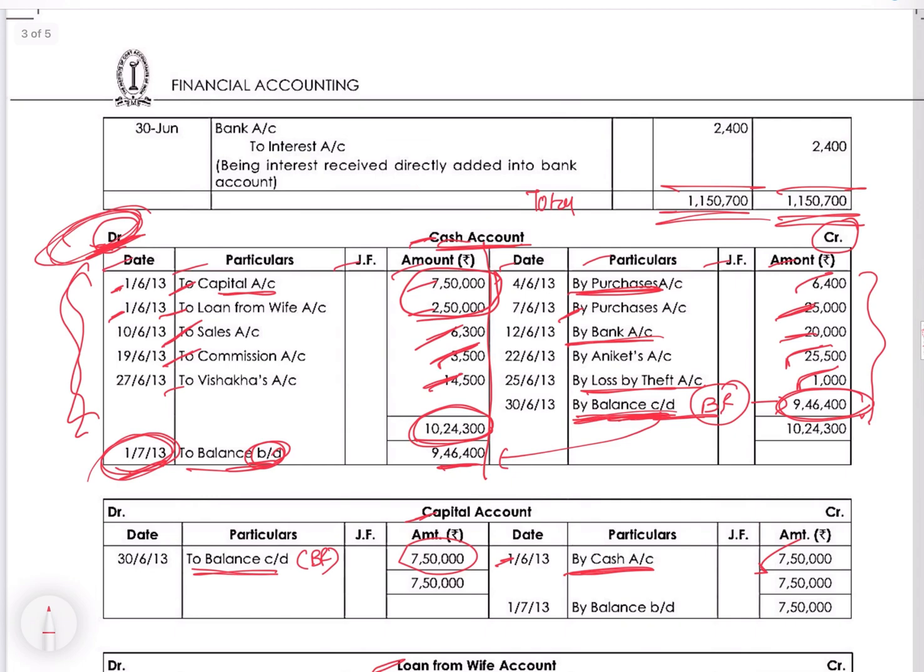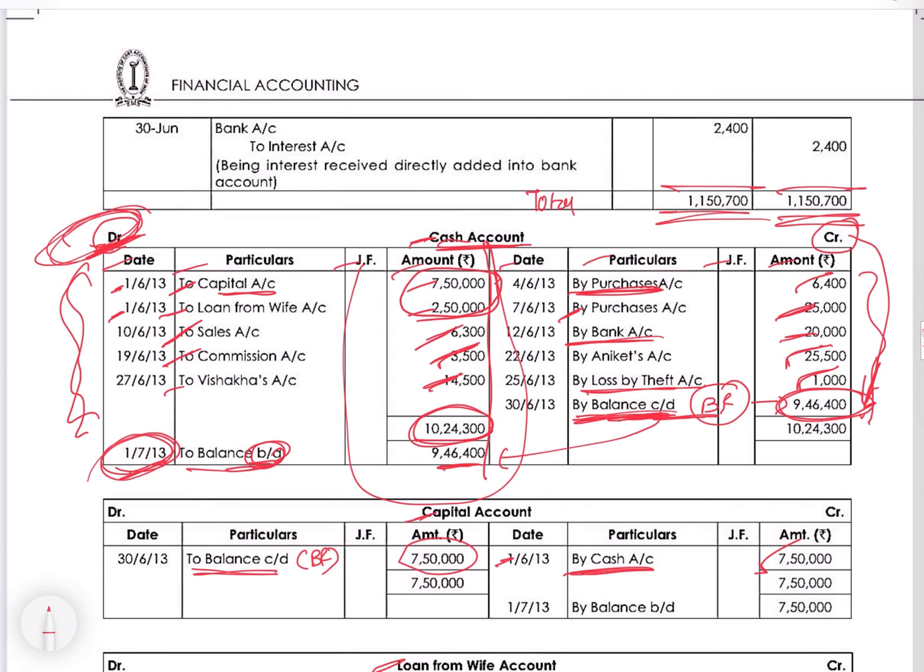In the ledger, the balancing figure is on the credit side. Why? Because my debit side was heavier; I had more balance on the debit side. That is the reason the balancing figure came on the credit side. It means I had a debit balance.